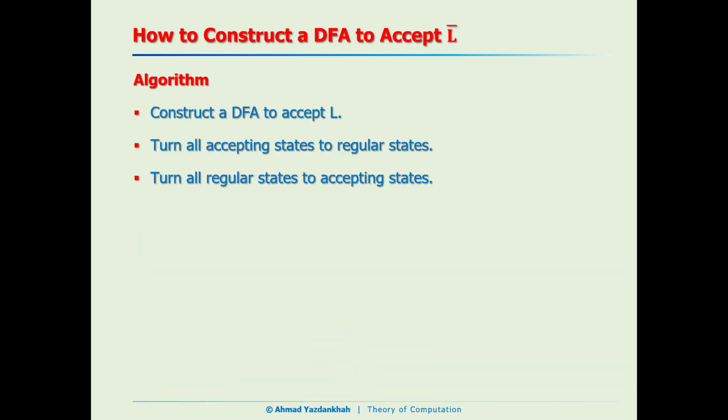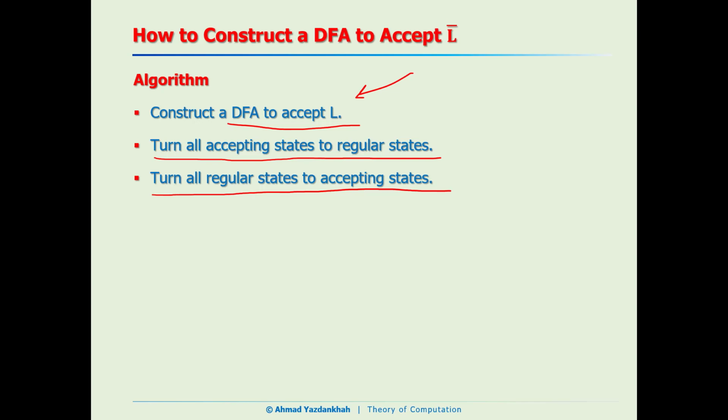Okay, based on this knowledge, let me summarize the algorithm here. How to construct a DFA to accept L bar. First, construct a DFA to accept L, and then turn all accepting states to regular states, turn all regular states to accepting states. That's it. All right. Sometimes this is a very useful thing.